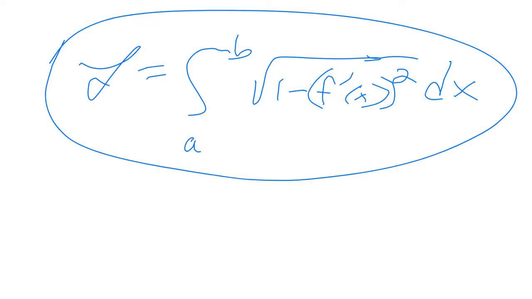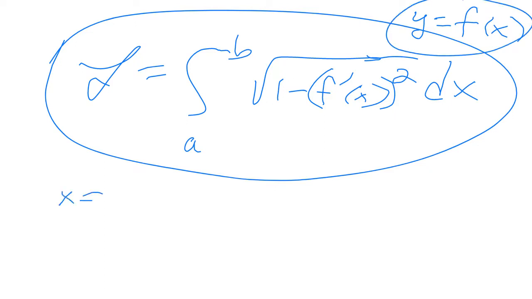This is where y equals f of x, the normal way to write it. But what if we have x equals g of y? If we have a vertical representation, flipping the x's into y's, we can still integrate, but instead of from a to b, we go up from c to d.